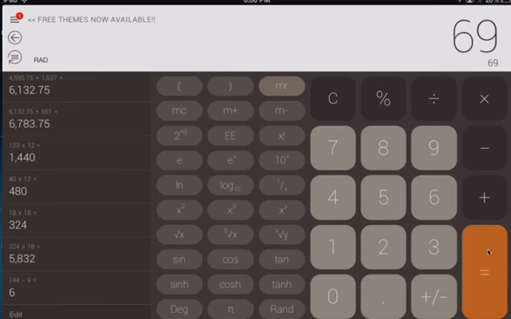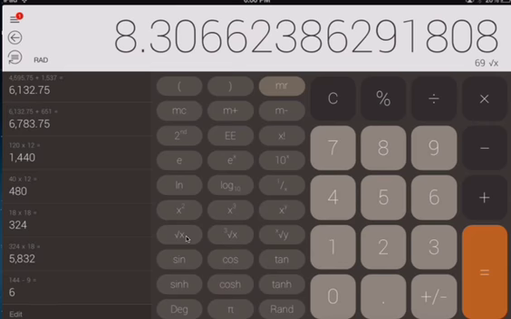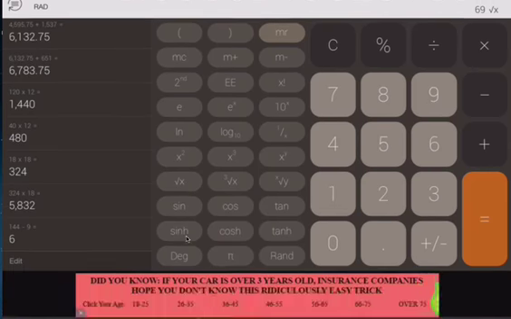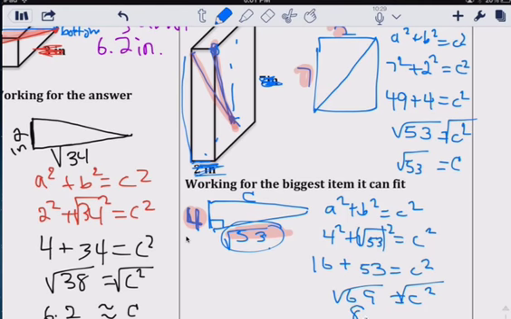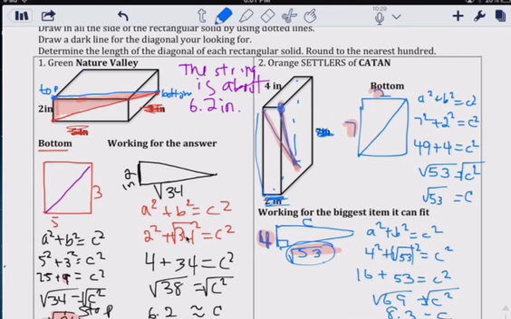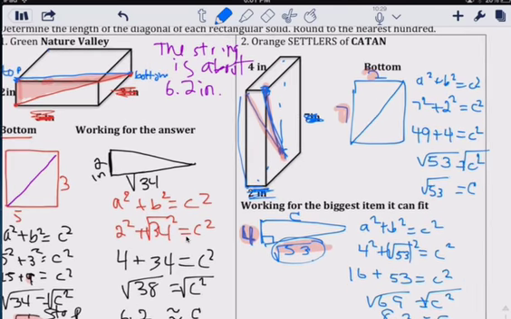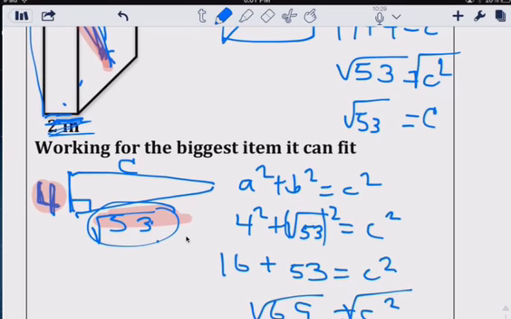This square root symbol, follow my cursor right here. 8.30, which is the same thing as 8.3. So 8.3 is equal to c. So the string, or that piece of wood that goes there, the largest measurement of that box is 8.3.